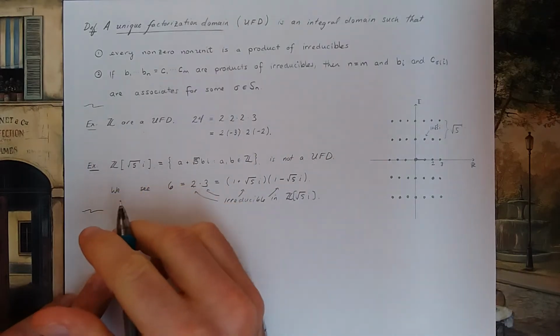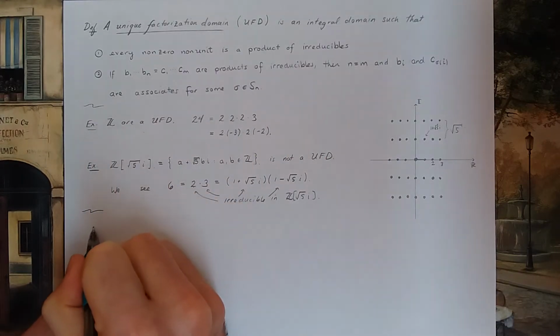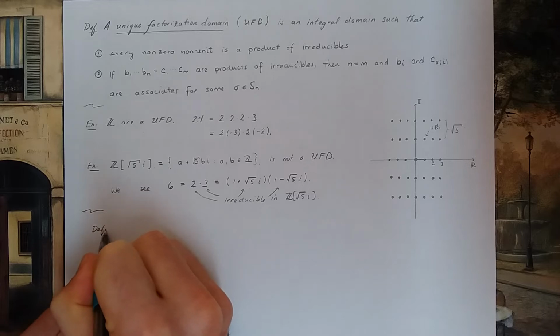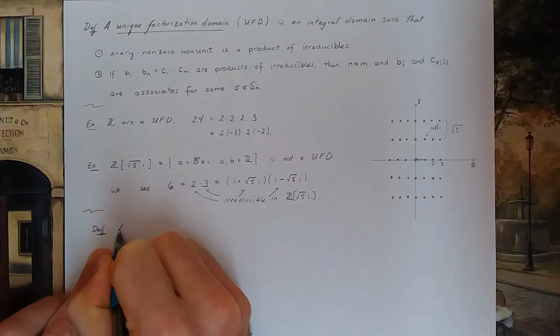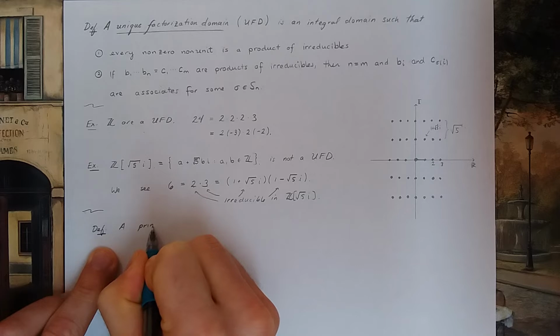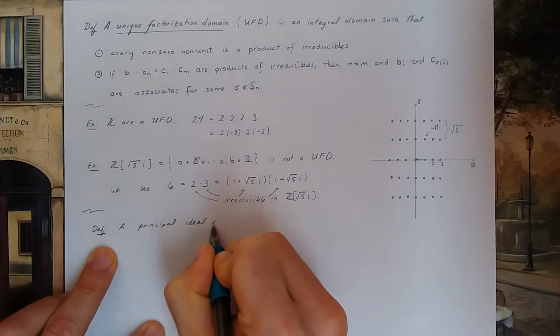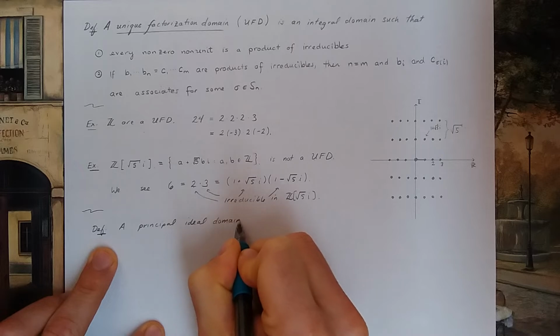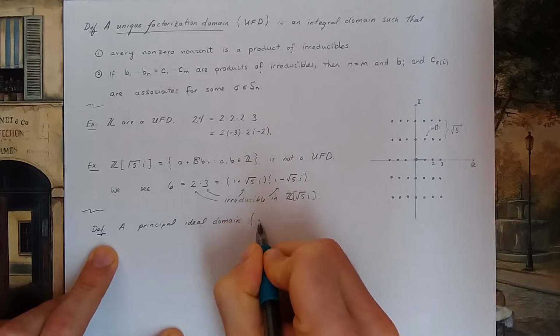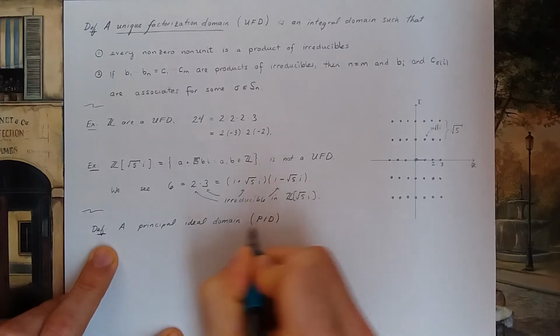I'd like to finish this video with one other definition. So here's another definition. A principal ideal domain, and this is abbreviated PID.